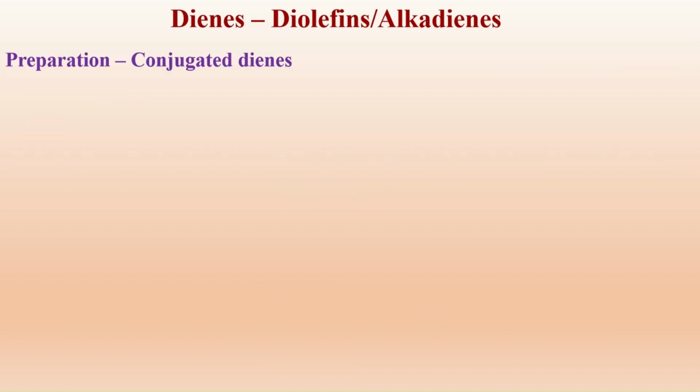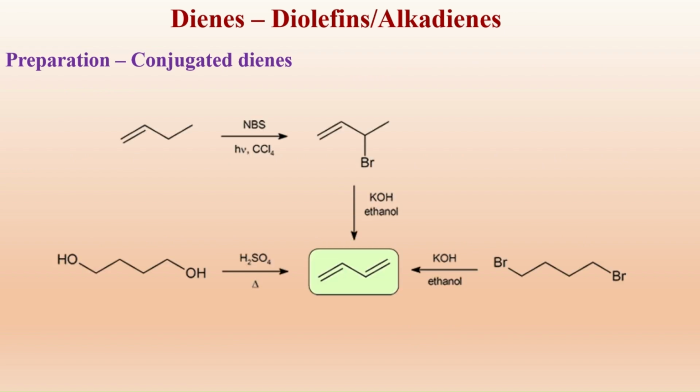The conjugated dienes are of prime importance because the double bonds in them are conjugated with each other. Conjugated dienes, with butadiene, the simplest, as an example, can be prepared by three different methods.